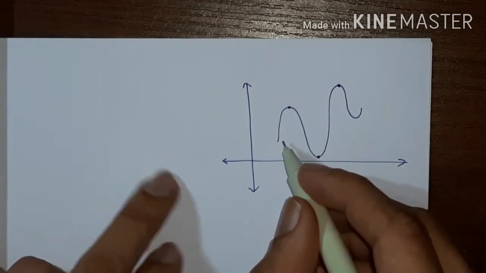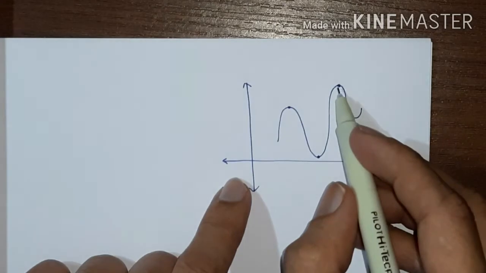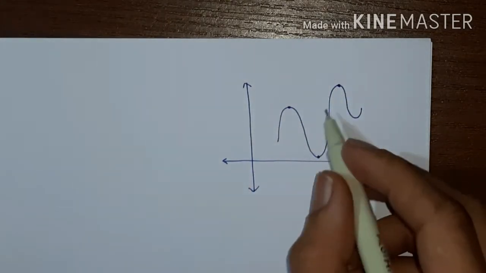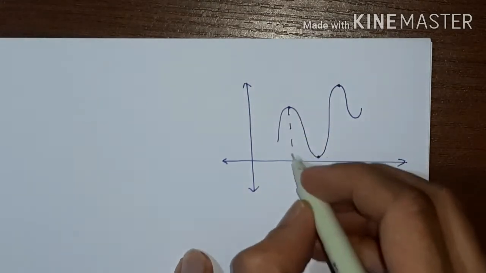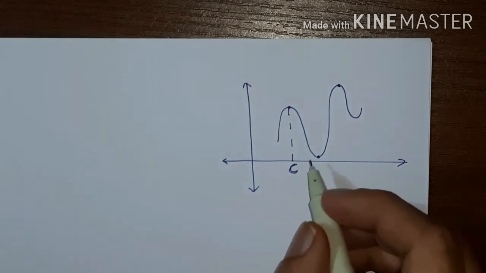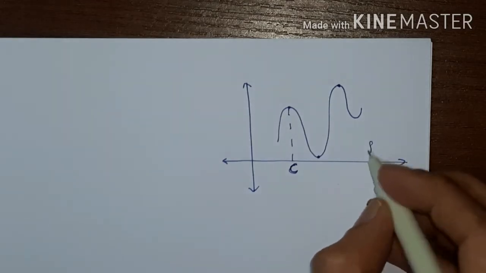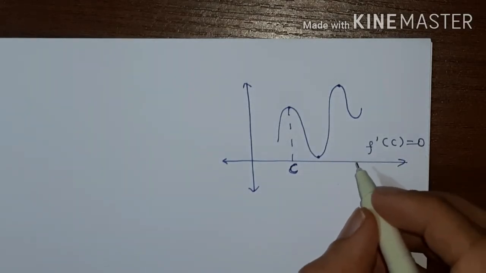So in these problems, what you do is only check whether the function has local maxima or local minima. That is, you have to check whether the function has a critical point, that is C, such that f prime of C is 0.